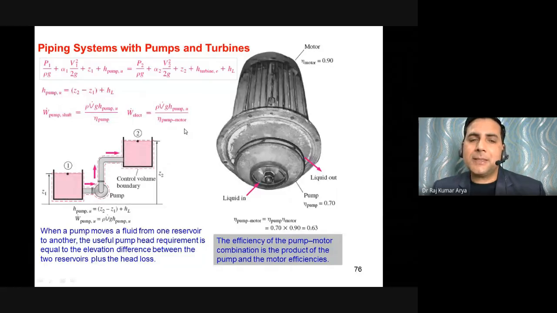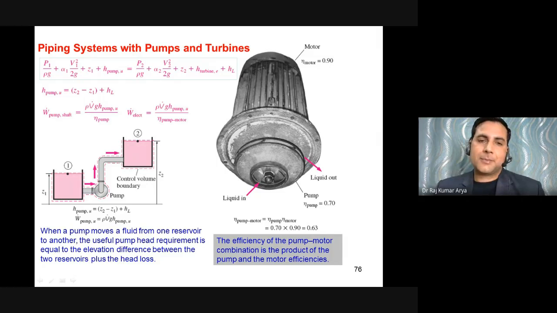You might have seen sometimes your motor burns out. Have you seen that? Yes, sir. Your pump power is too high, motor power is too low, so the motor keeps running but the pump is not rotating, and finally it burns. It happens in that way.